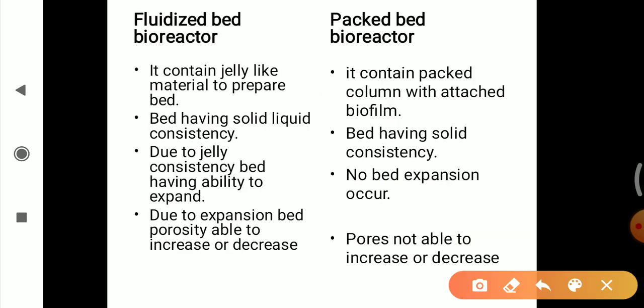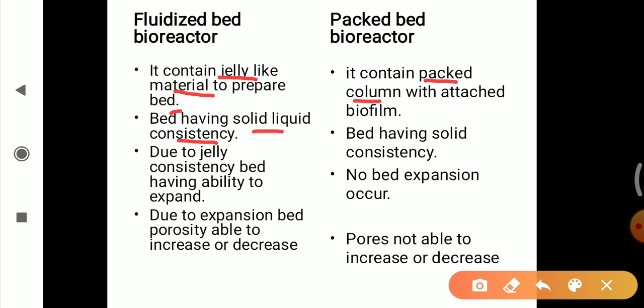The fluidized bed bioreactor contains a jelly-like material to prepare a bed or a column. It contains a packed column with attached biofilm, that is, a biofilm or microorganism attached to the column.